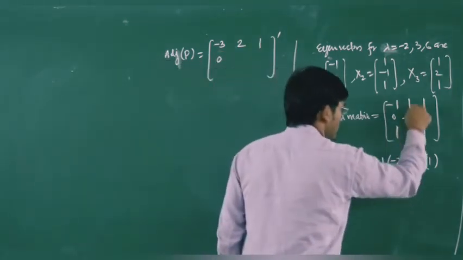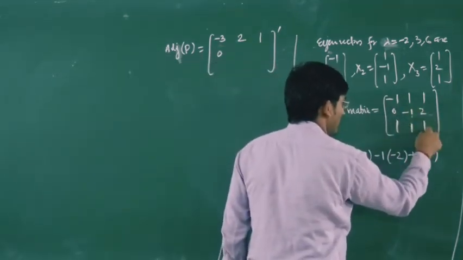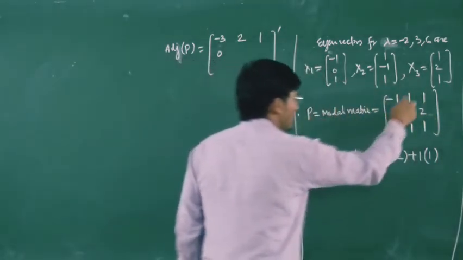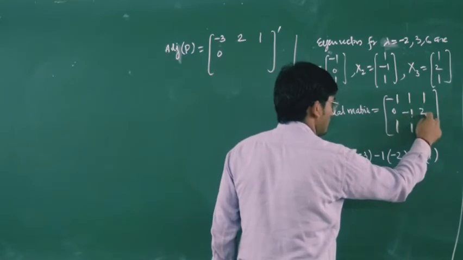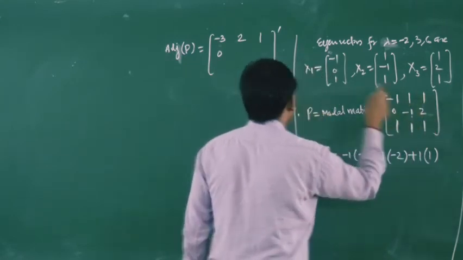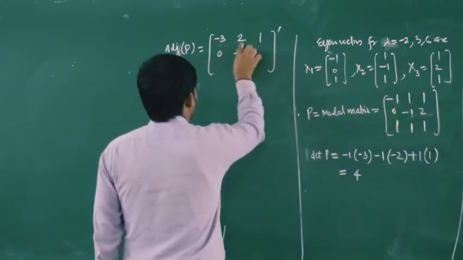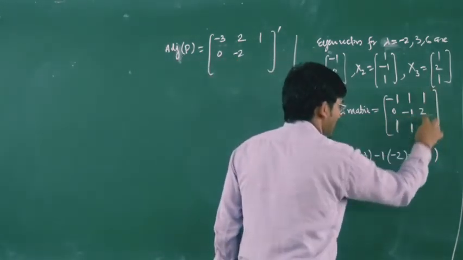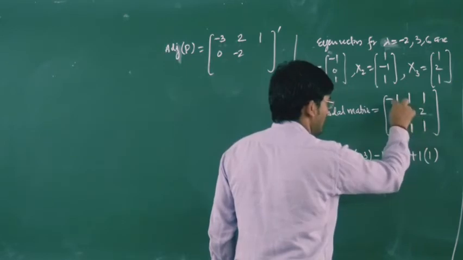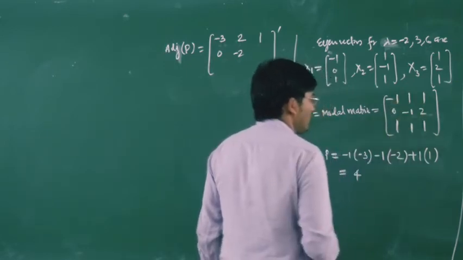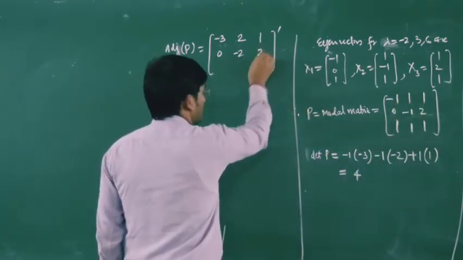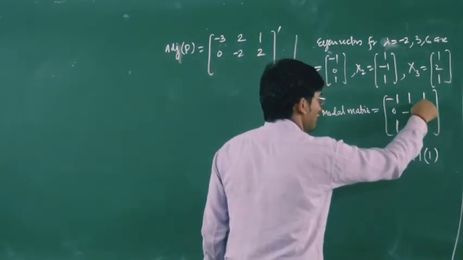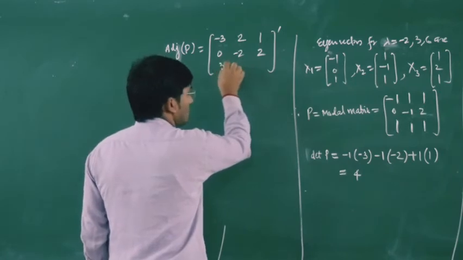Then for this element, forget this column and this row, we have minus 1, so this will be minus 2, plus minus plus, so this is your minus 2. Now this column and this row will give you minus 1 and minus 1. So again we have minus 2, so this will be a plus 2. And for this row and this column we have 2 plus 1, so this is your 3.